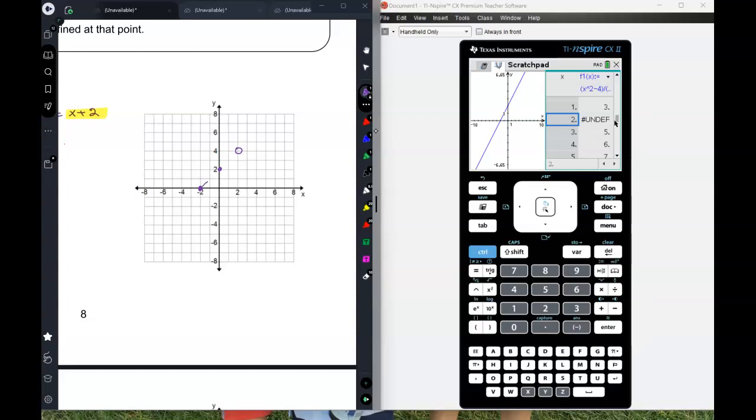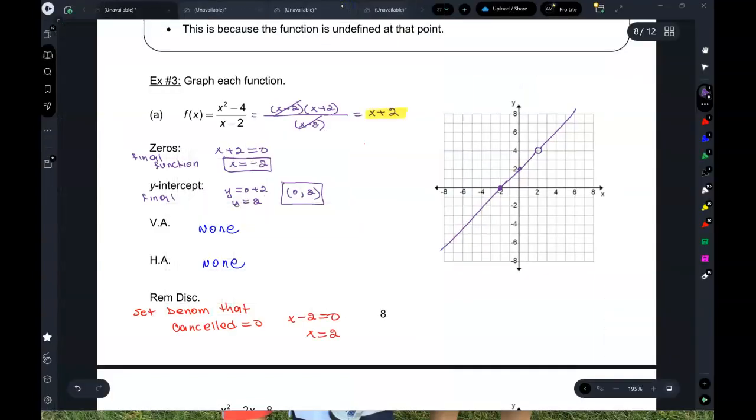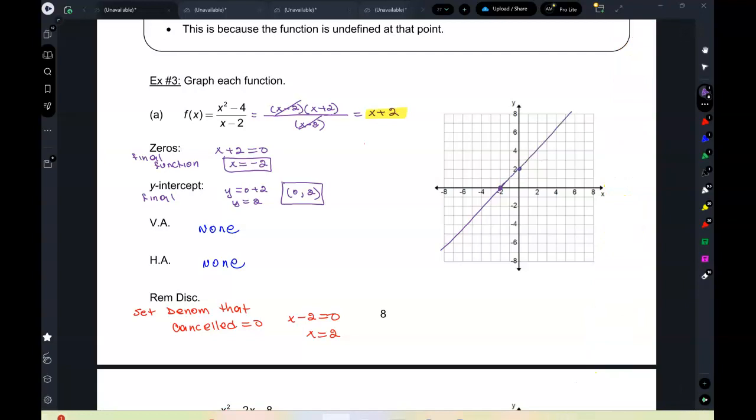You have to draw that and then continue this. Okay, so let's just graph this line. But you can't do that, because at x equals 2 there is a discontinuity. It can't be a smooth graph at x equals 2.